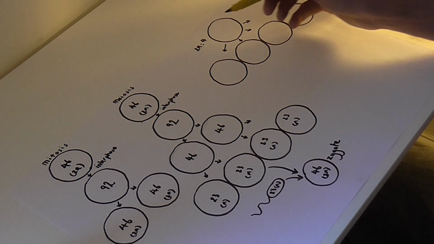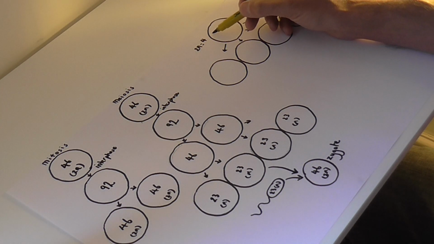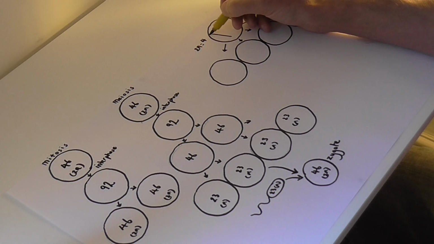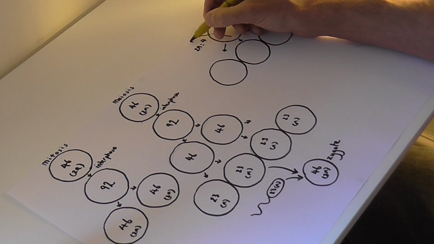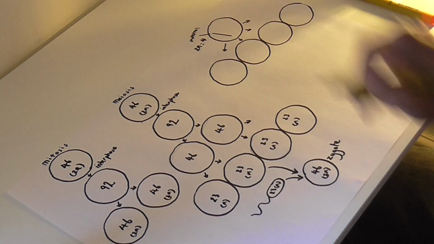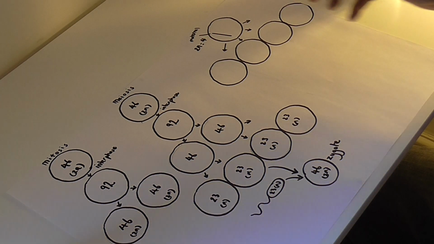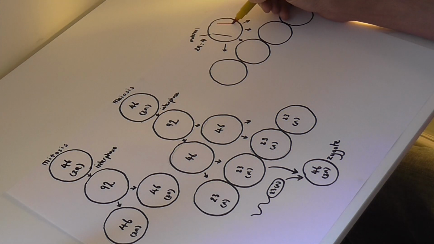Okay, so let's say then, for argument's sake, black is going to represent the maternal chromosome, and red is going to represent the paternal chromosome.